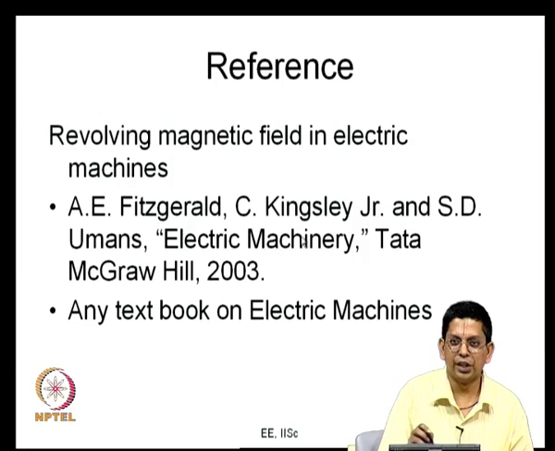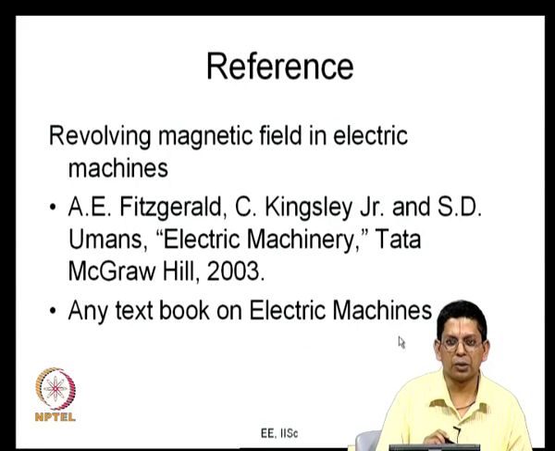There are also different and older editions of this book available, and there are several books on the subject of electric machinery. You can take any textbook on electric machines, and that would give you a very good picture of the revolving MMF to greater extents, and particularly the design of windings and many things. If you want, you can look at those books.